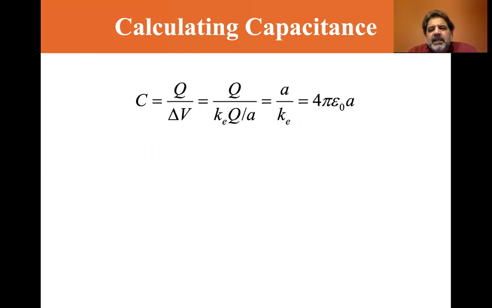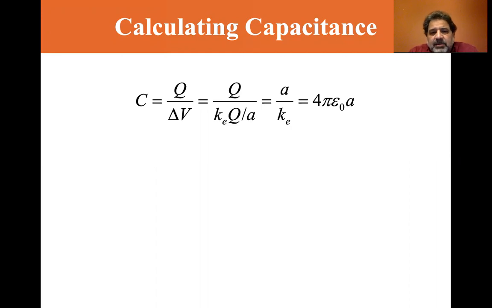If you can imagine a charged sphere, C is equal to Q divided by delta V. For a sphere, delta V is equal to k_e Q divided by R, but in this case, R is equal to a, which is the radius of the sphere.